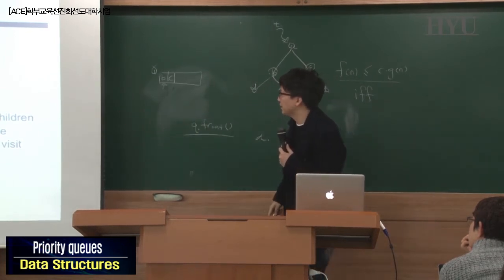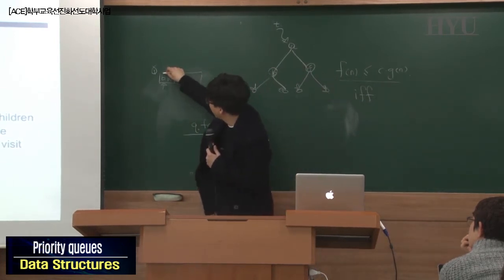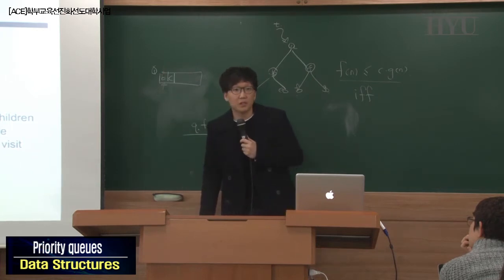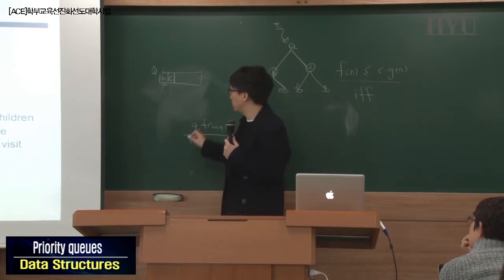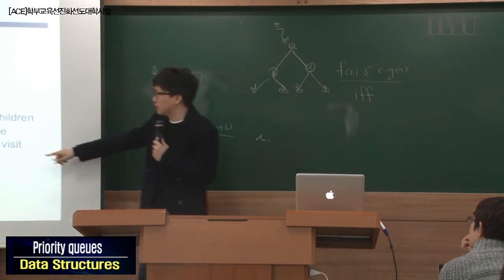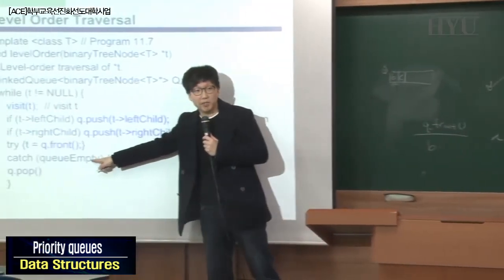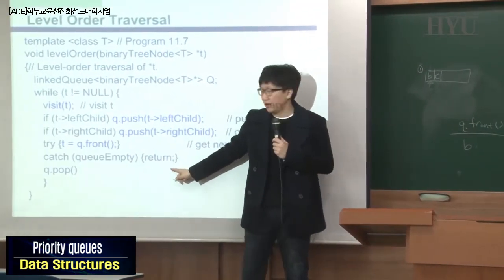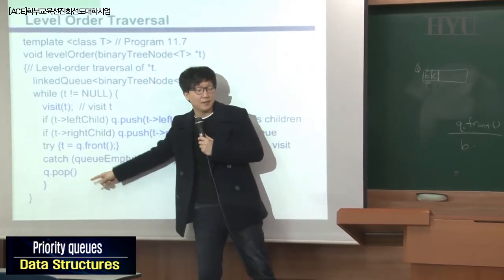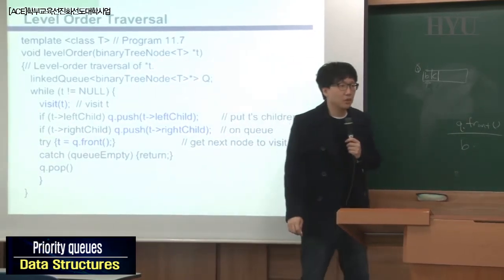Q front. Get the value at the front of the queue, which is B, and check if Q is empty, error. Otherwise, Q pop. Simply Q remove.